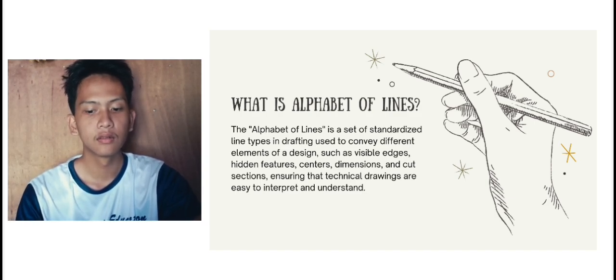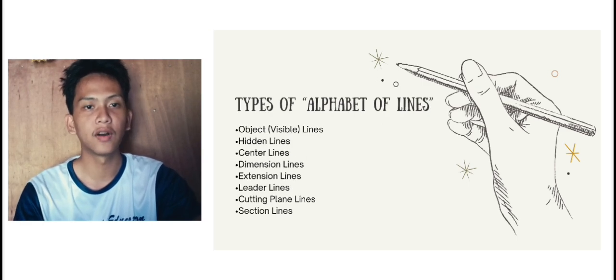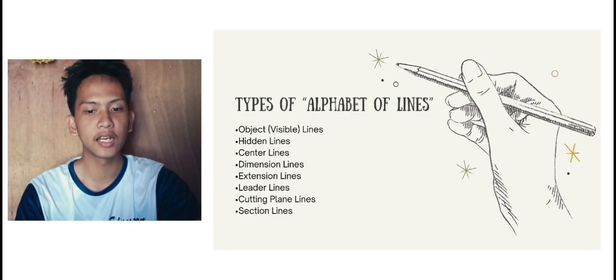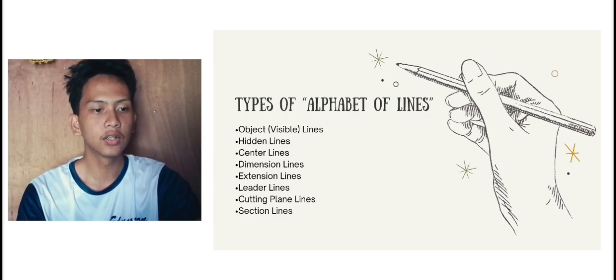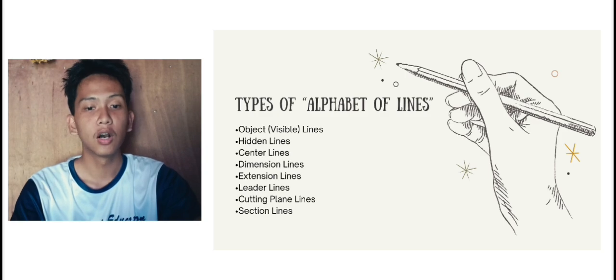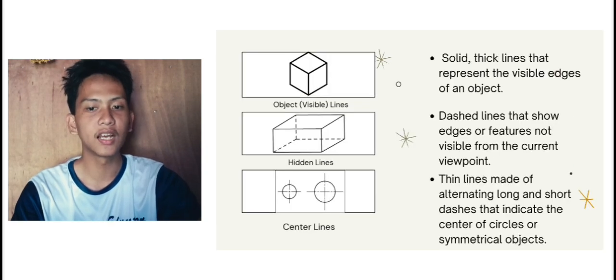So we are now talking about the different types of alphabet of lines. The first one is object or visible lines, hidden lines, center lines, dimension lines, extension lines, leader lines, cutting plane lines, and the last is section lines. So the first one is the object or visible lines.